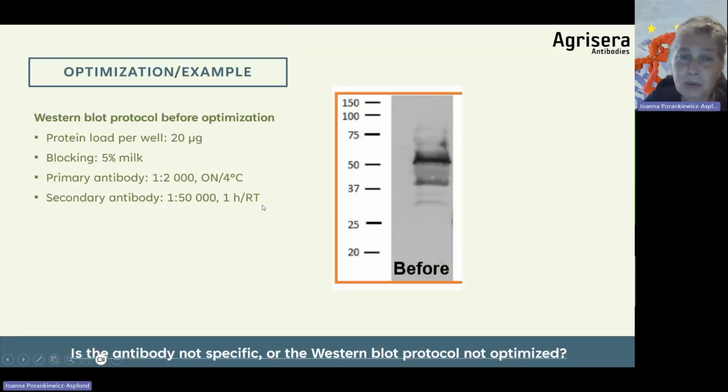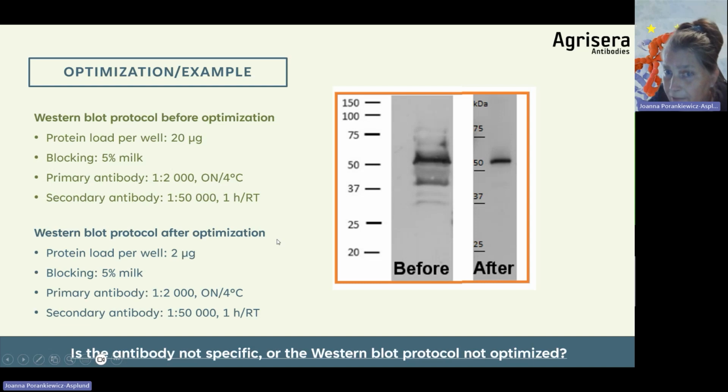Here is an example of optimization. This lab has been using the conditions you see here. 20 microgram of protein was loaded. Blocking was done with 5% milk, and the primary antibody was used overnight. Unspecific bands, right? The antibody is not really that good, or the protocol wasn't good enough.